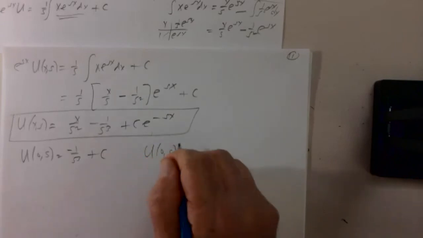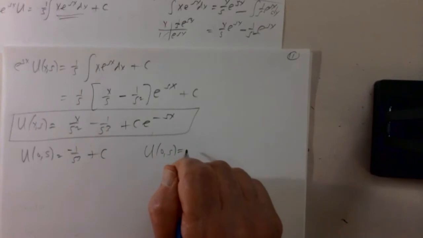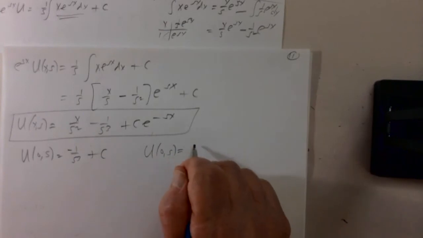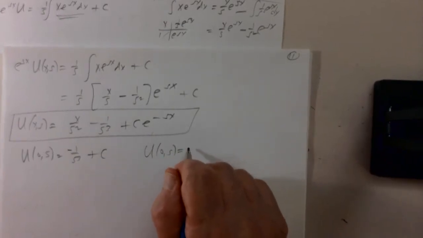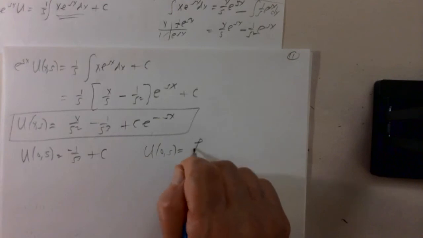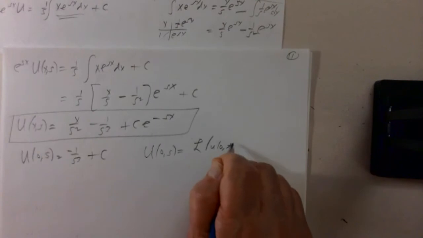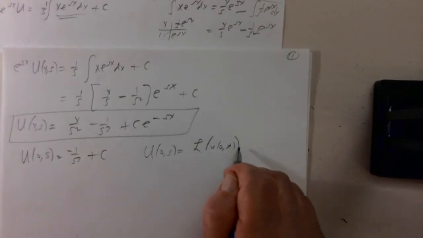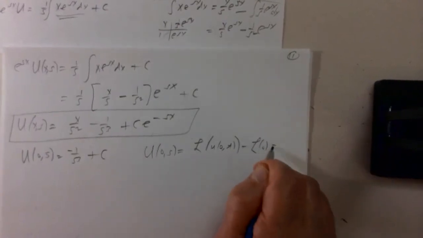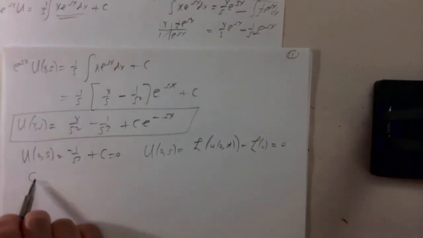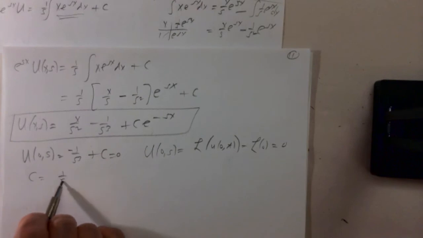U of 0, s, this is the Laplace transform of u of 0, t. U of 0, t is 0. So this is 0. So c is equal to 1 over s cubed.